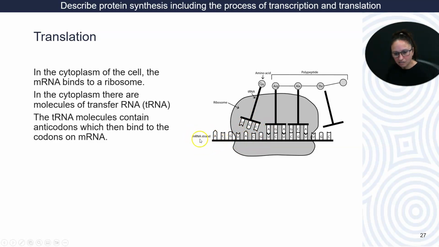Here is our RNA, and then these things here, they each carry 1 amino acid. So what we want to do is make a protein using this RNA as a template.